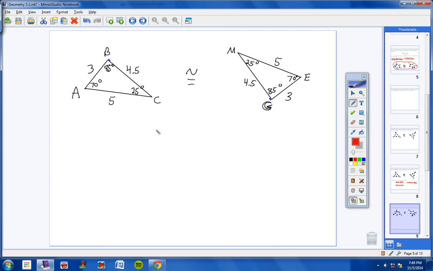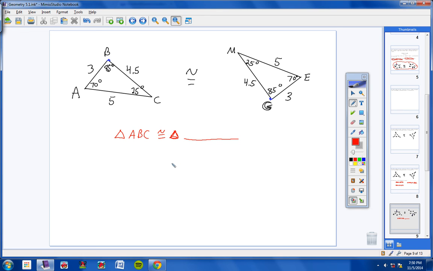So here we go. Let's go ahead and write triangle ABC is congruent to triangle, and now you finish it on your own, okay? Go ahead and finish that on your own. Triangle ABC is congruent to triangle blank.